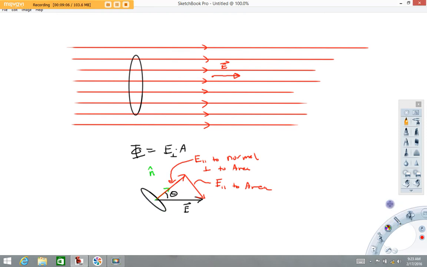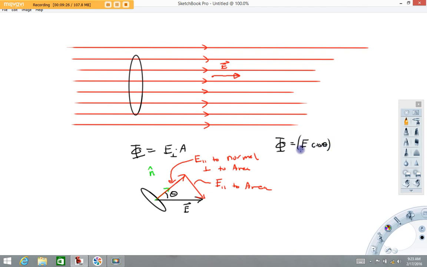So if I write that out, noticing that this component is adjacent to the angle theta, we can say that the electric flux, let me draw that in black, is equal to the electric field magnitude times the cosine of this angle.